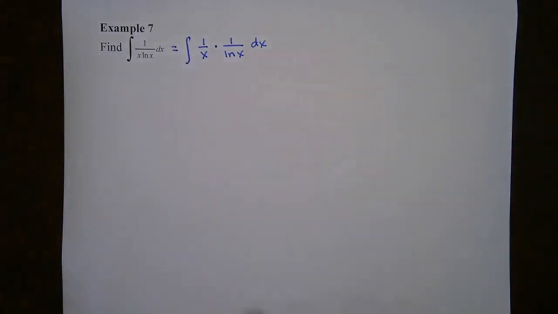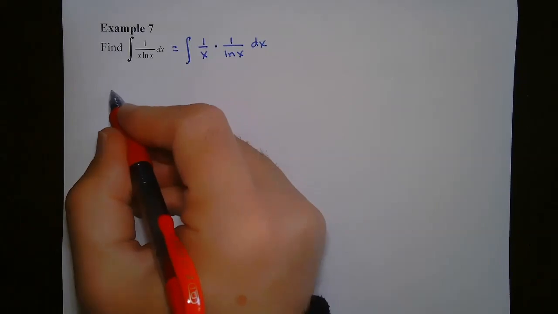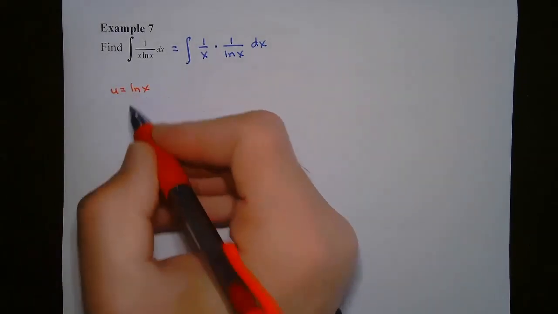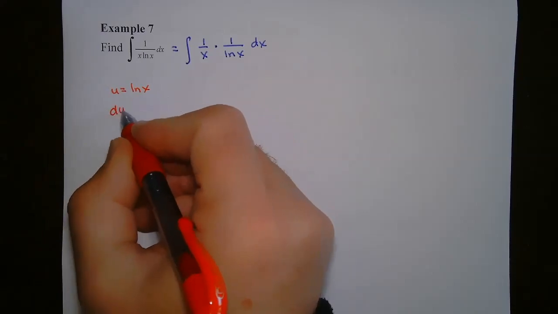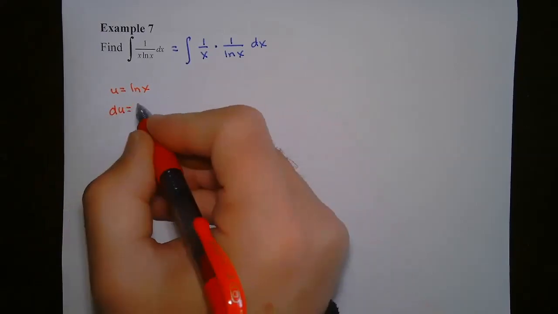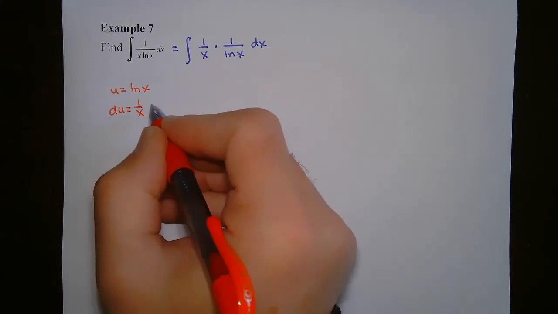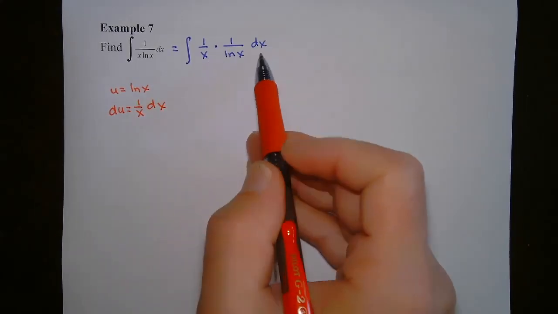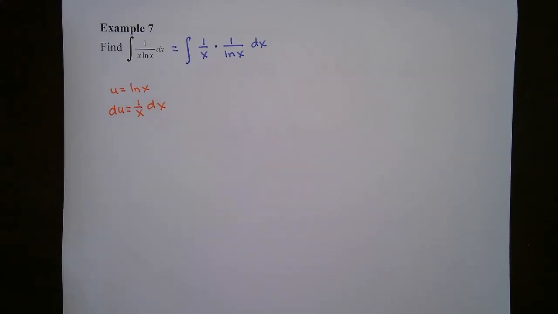What if we let u equal the natural log of x? Then du, knowing our derivative rules, becomes 1 over x dx. So this 1 over x, along with the dx, make up my du. So here we go.